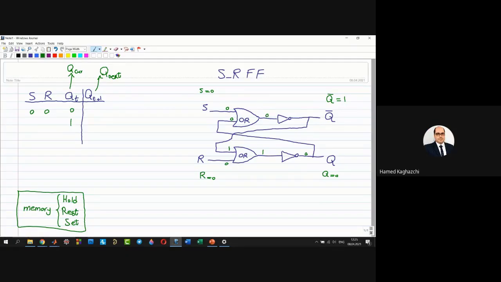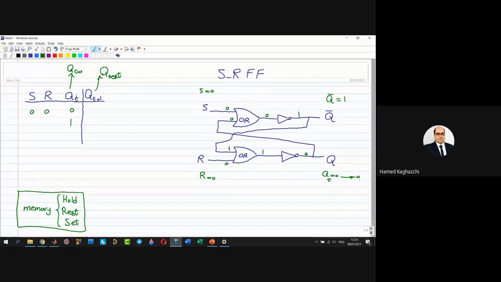What is the output? 1. The Q is again 1. This one comes here. 1 again. The next time, this is the next time. The next time again, Q.